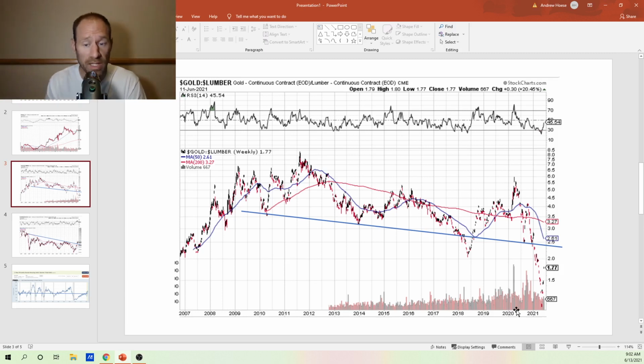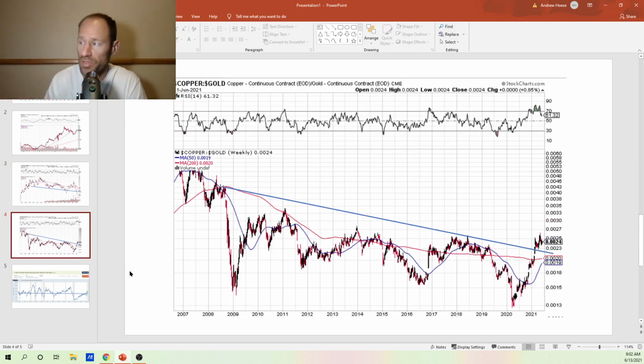So what I would have done is swap my lumber to gold if I owned lumber and gotten out of lumber, because the ratio is saying that it's never been that expensive in relationship to gold. And it's probably going to come back up, but we are in a downtrend. You can see this downtrend coming through this line here all the way since 2010. So lumber has been outperforming gold since 2010. That's why it's declining over time.